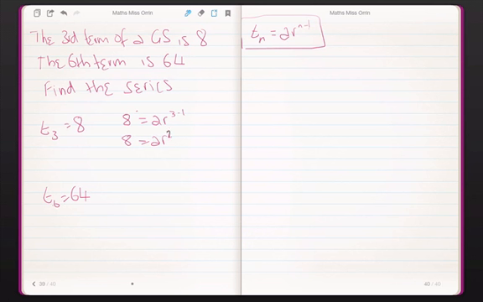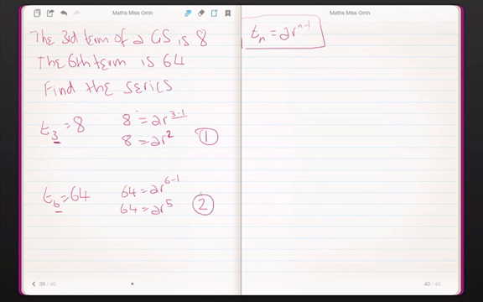We do the same thing here: 64 equals a, we don't know a, we don't know r, to the power of 6 minus 1, because n is 6. So 64 equals ar to the power of 5. Let's call this one 1, and this one 2.